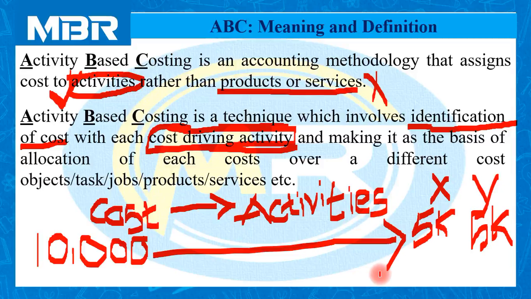The company is at a monopoly in manufacturing product X, and nobody else is manufacturing this product in the local market. So there is no other option for the customers. And product Y is highly competitive. 10, 20 manufacturers are making products similar to product Y, and the company is facing cutthroat competition in selling product Y in the market.